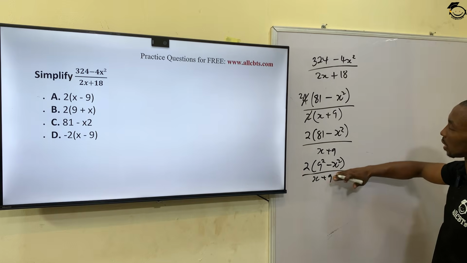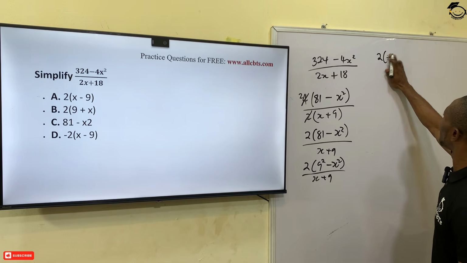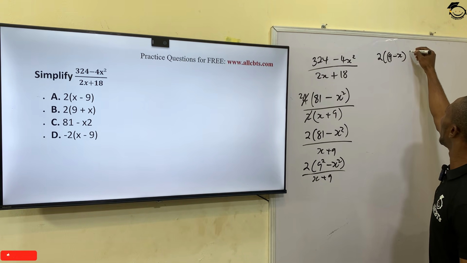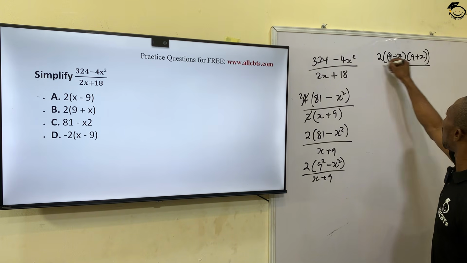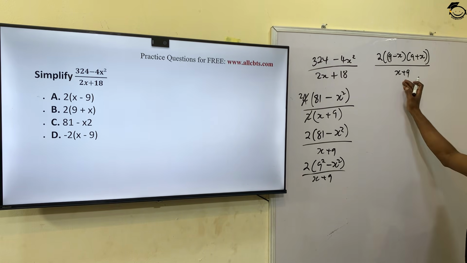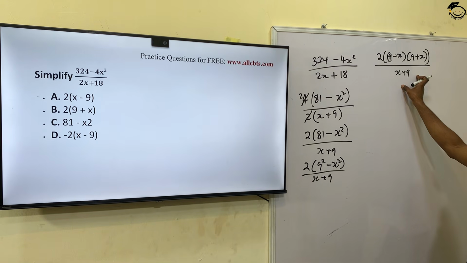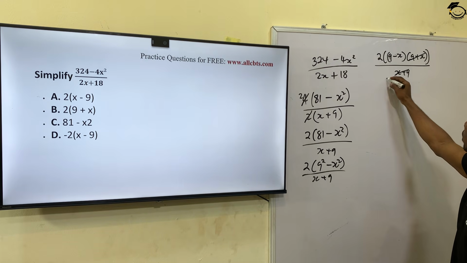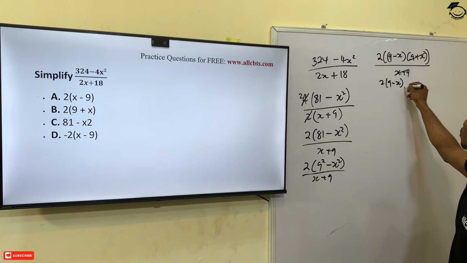Expanding this with a difference of 2 squares, we have 2 bracket 9 minus x and 9 plus x all over x plus 9. And we know since it's addition, we can actually turn it either ways. So this we cancel out, leaving us with 2 brackets 9 minus x over 1.